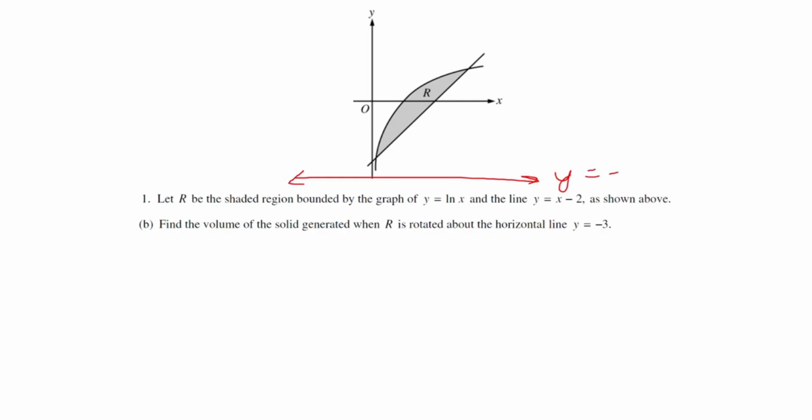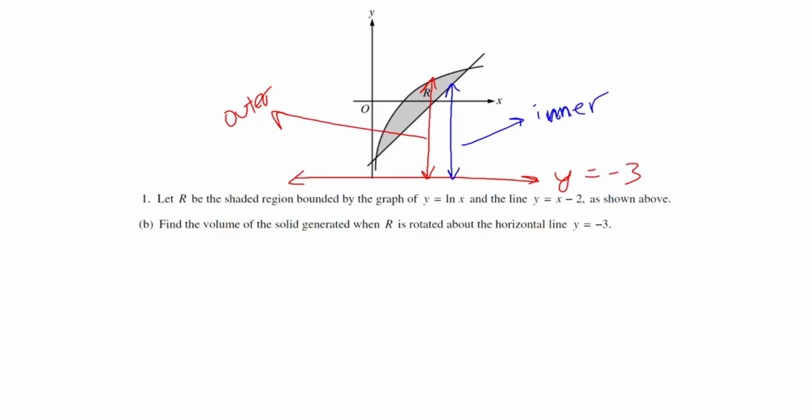So when we rotate around y equals -3, because that region R is not fully pushed up against that line, we end up with washer cross sections. And our outer radius will extend from the upper function down to y equals -3. That's going to be our outer radius. And our inner radius is going to extend from the lower function down to y equals -3.